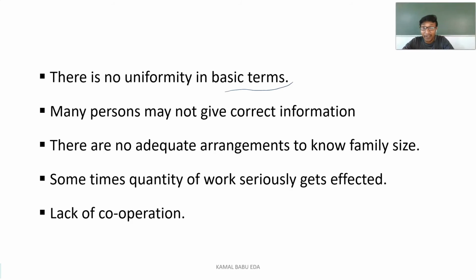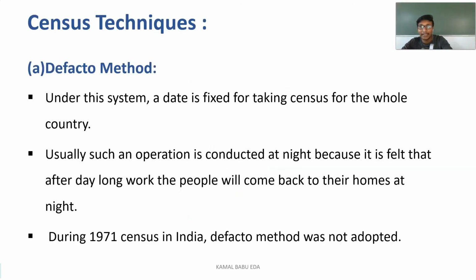They might tell you a wrong thing about their social status, more or less than the original. There are no adequate arrangements for knowing the family size, sometimes the quality of the work is seriously affected, and there will be a lack of cooperation from the population. So these are some of the difficulties.